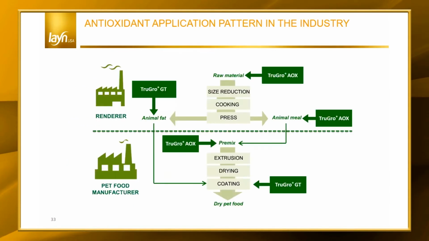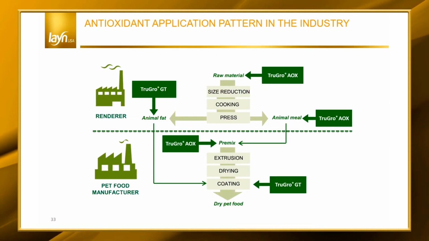And the pattern for usage in the industry for these products is summarized in this slide, in which liquid products like TrueGrow GT are added to the animal fat, which can be used for stabilizing it from the rendering and stabilizing this fat after application.